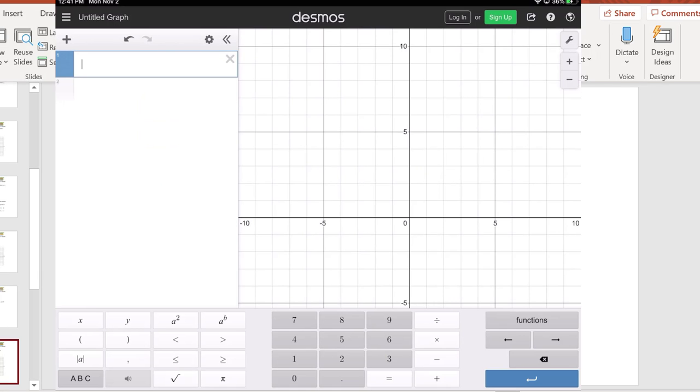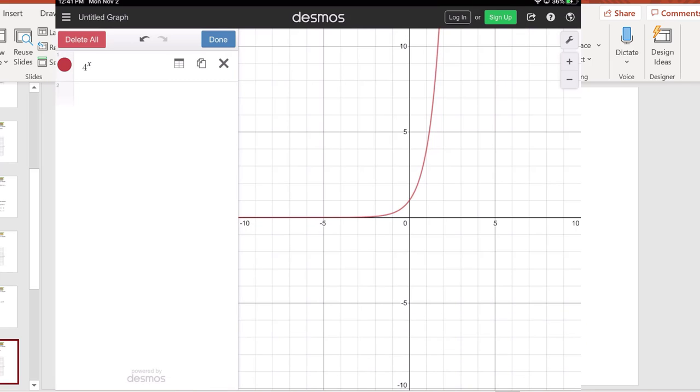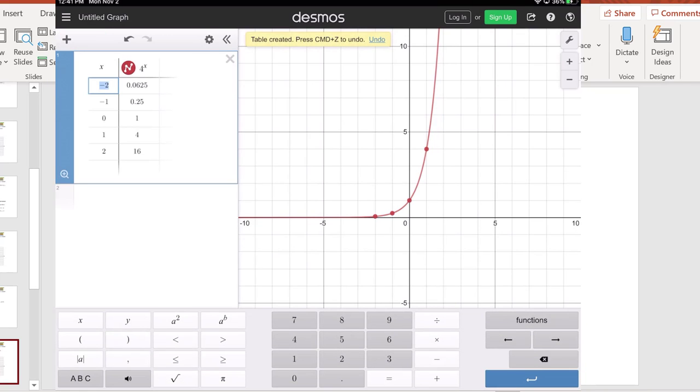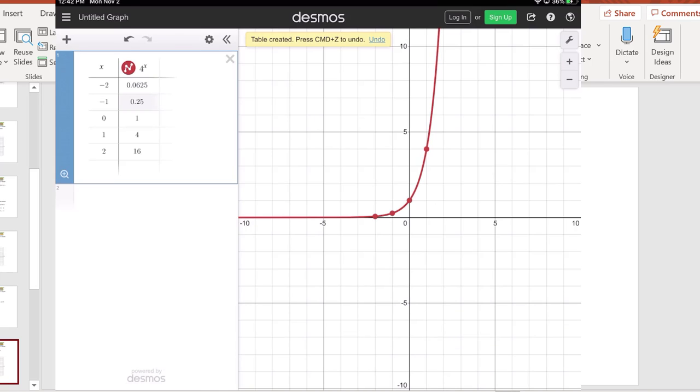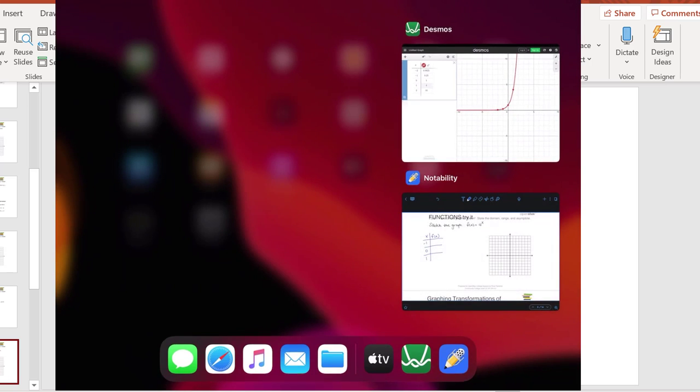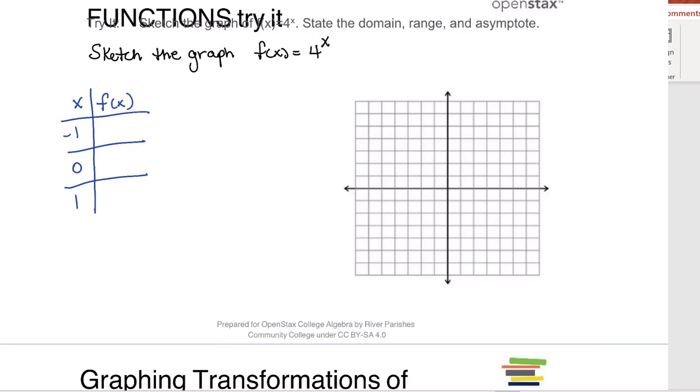I'm going to type in 4 to the x power. Then I'm going to hit this little wheel at the top, and I'm going to hit table of values. And I can see that negative 1 is at 0.25, 0 is at 1, and 1 is at 4. So here we go. Negative 1 is 0.25, 0 is 1, and 1 is 4.